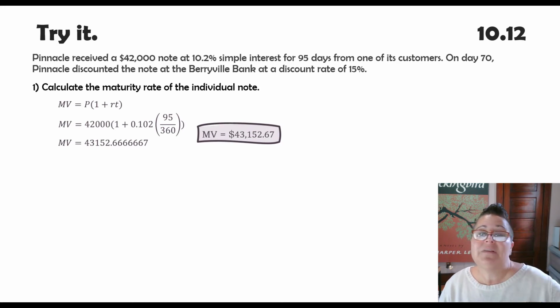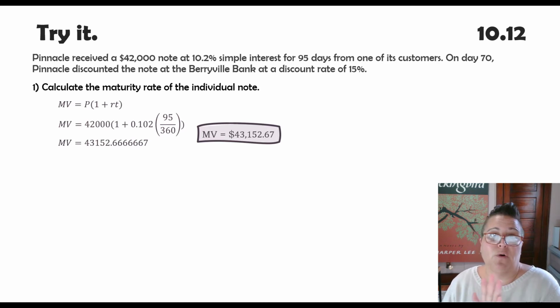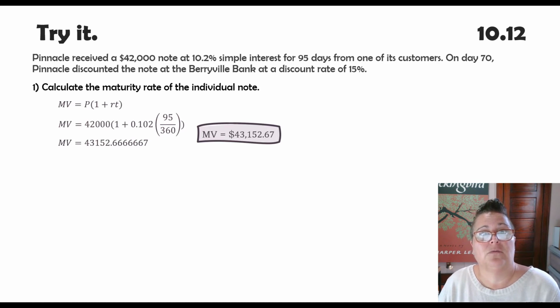If Pinnacle keeps the loan the entire time, that would be how much they would be paid. $43,152.67. But for whatever reason, Pinnacle needs cash. And so they're going to, on day 70, take this $43,152.67 to a bank and say, please take over this loan.